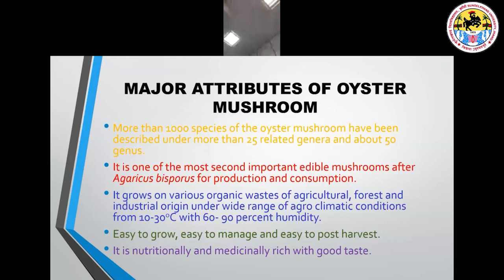Jharkhand as well as Bihar and the Northeast states are well dominated by the cultivation of oyster mushroom. So we can't neglect the presence of this oyster mushroom in such states.